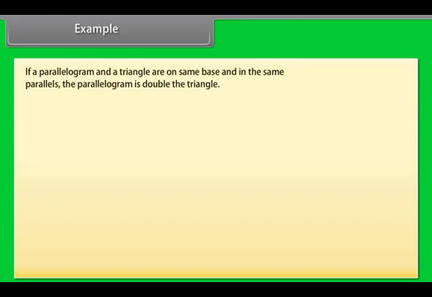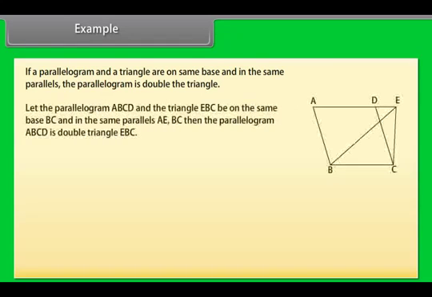If a parallelogram and a triangle are on the same base and in the same parallels, the parallelogram is double the triangle. Let the parallelogram ABCD and the triangle EBC be on the same base BC and in the same parallels AE and BC. Then the parallelogram ABCD is double the triangle EBC. Construction.